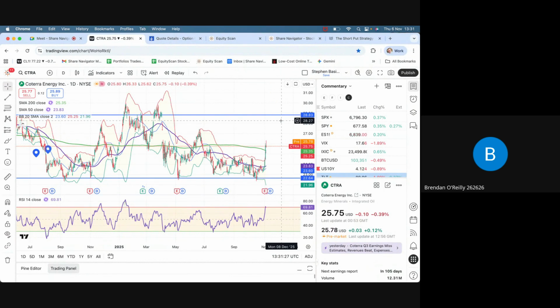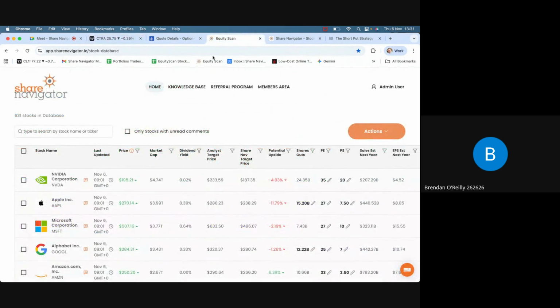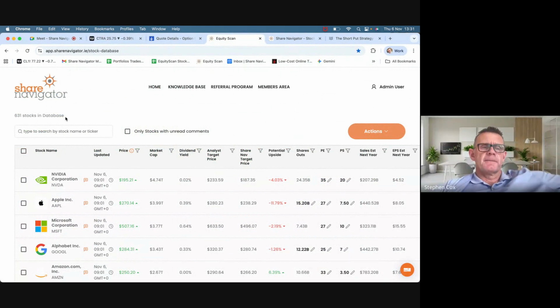Stephen, could you just talk for a minute about what stocks are in Equity Scan? Are they randomly selected, or selected by you? Is there a logic in what's in there and what's not in the database? Okay, so we added the S&P 500. Every single S&P 500 company is in there, and all of the large cap European and UK companies.